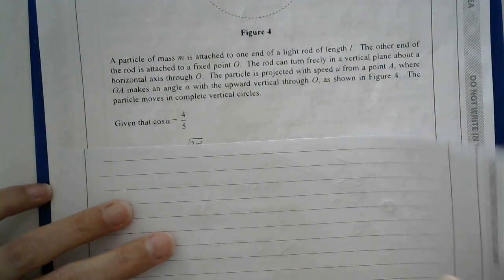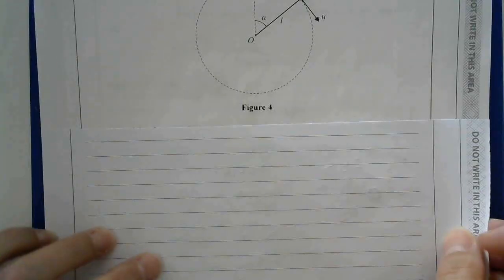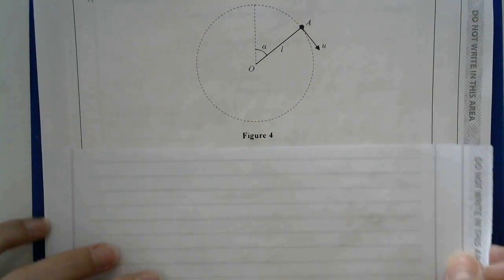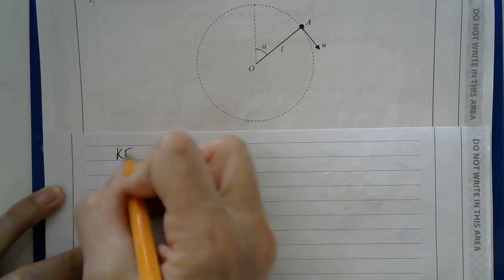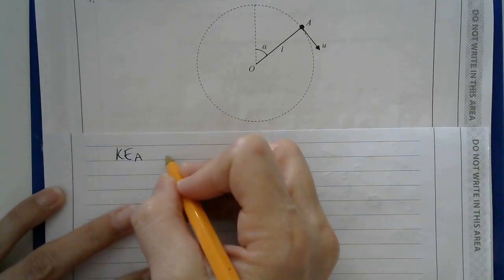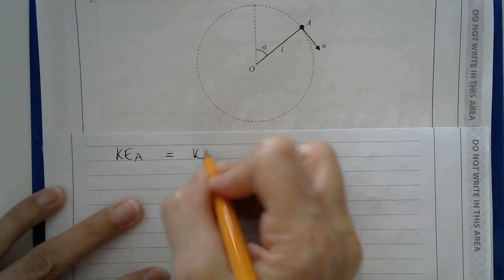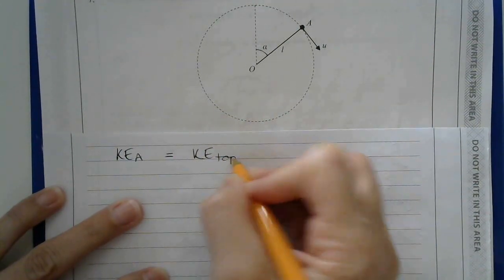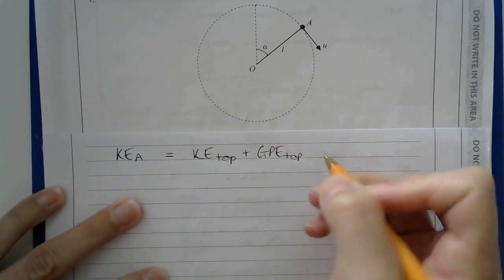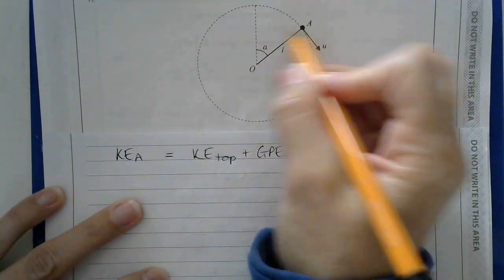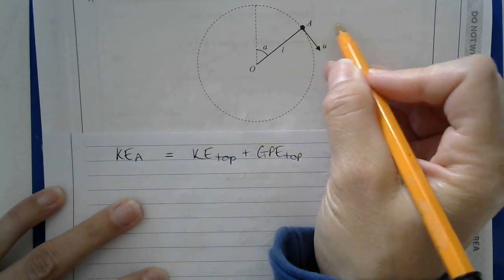So if I look at the kinetic energy when it's at A, I need that to be equal to the kinetic energy at the top plus the gravitational potential energy at the top. Basically I'm assuming that when it's at A, there is no gravitational potential energy.